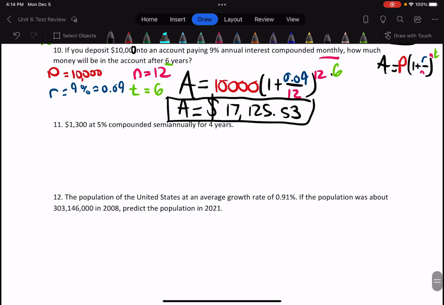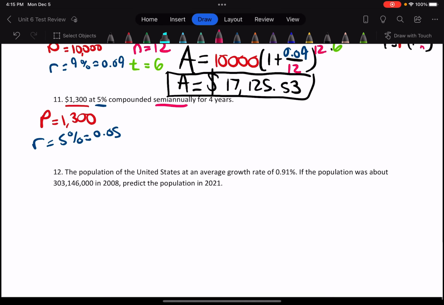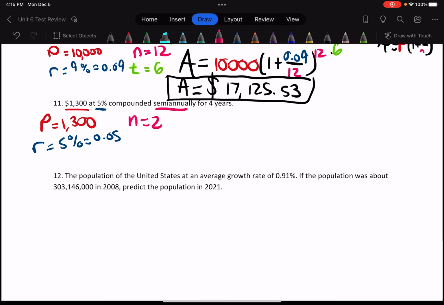Number 11 says I've got an initial amount of $1,300, so that's my principal, compounding at a rate of 5%, which is going to be 0.05 if I convert that to a decimal. Then it says compounded semi-annually, so that means it's going to go twice a year. So my n value is going to be 2.